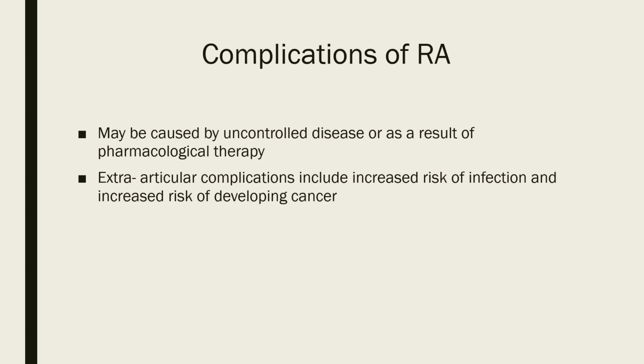So, complications of rheumatoid arthritis may be caused by uncontrolled disease or as a result of pharmacological therapy. Extra-articular complications will include increased risk of infection and increased risk of developing a cancer.